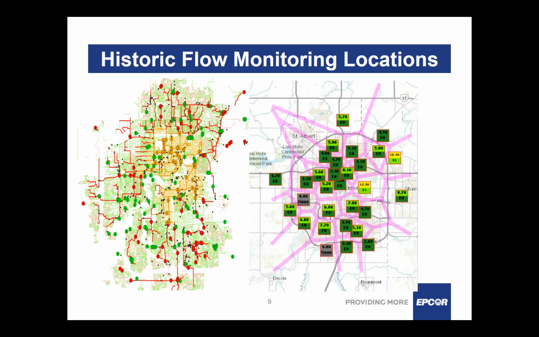In total, we have over 200 monitors per year, and we move these around based on our need, so this map is not static. Half of them are temporary, meaning that we keep moving them, and the other half are permanent monitors. These ones are there for model validation and also system configuration.